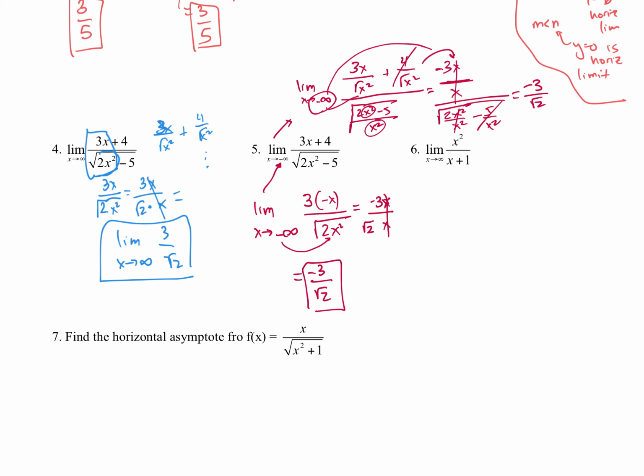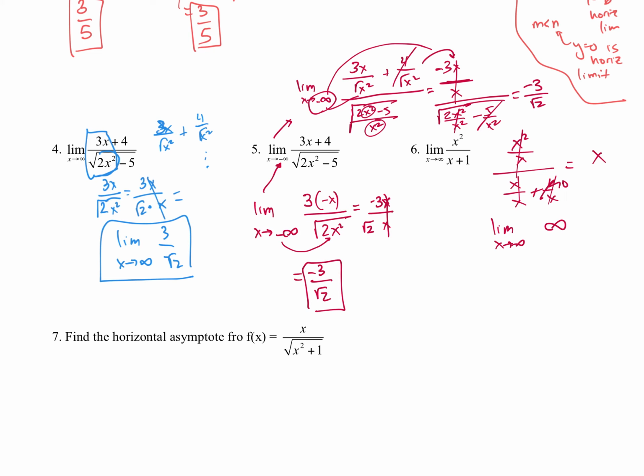All right, on the next one, take a look. If you try that same method, you will end up with the top being, if you divide it out, the highest. And here, those will go away, this will go to 0, you'll end up with just an x, and as you put in infinity, there is no limit as far as a number. The limit of x at infinity would be infinity.